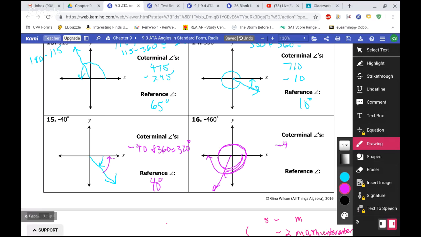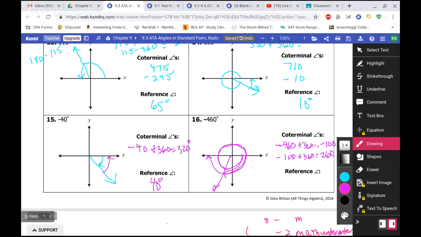Negative 820 plus 360 equals negative 460, and then I just took the negative 460 and added another 360. Or you could take negative 460 and add 720 to it. Either way you want to do it.